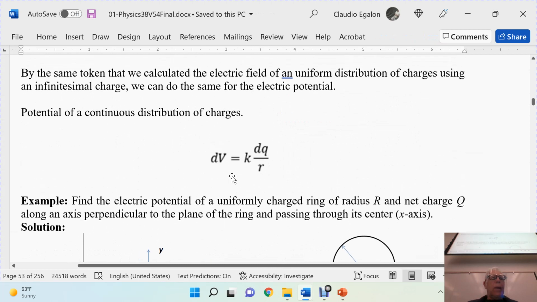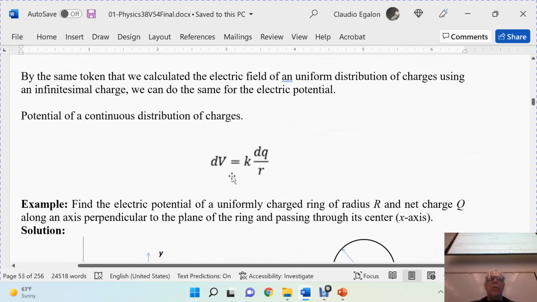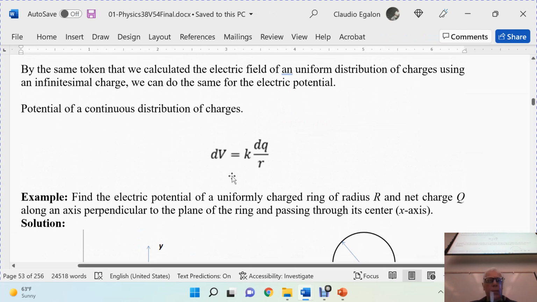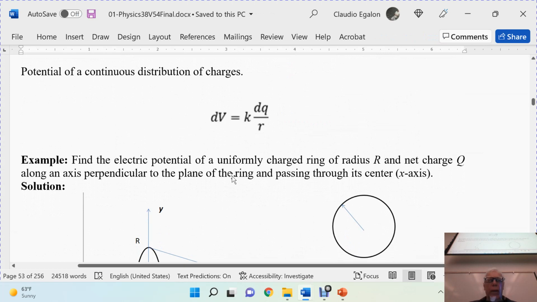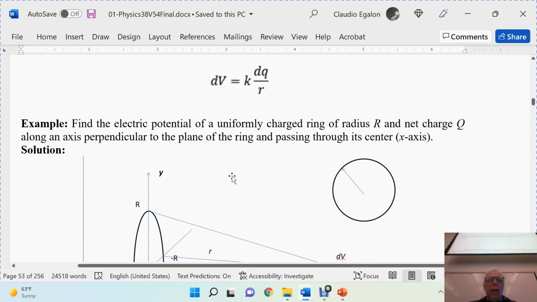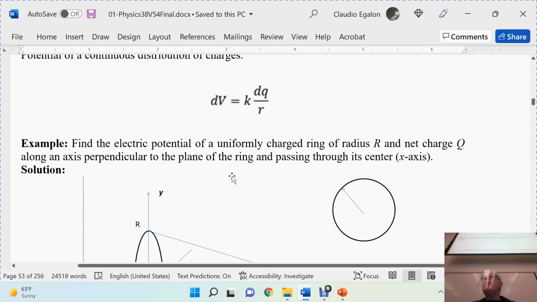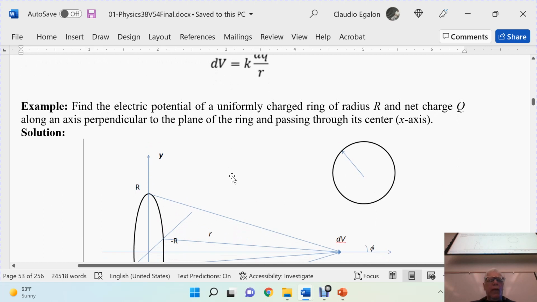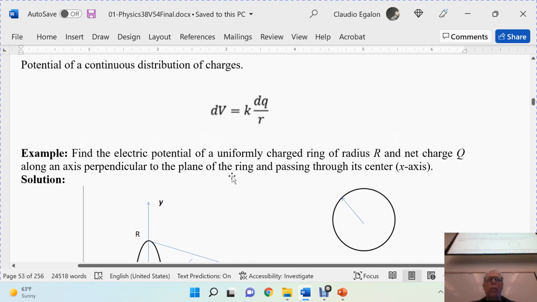Okay, now we're going to do a potential for continuous distribution of charges, just like we did the electric field for continuous distribution of charge. So how do we do that? We do exactly what we did for the electric field. We considered an infinitesimal charge distribution, but instead of taking the electric field of the infinitesimal charge distribution, we take the electric potential of the infinitesimal charge distribution.